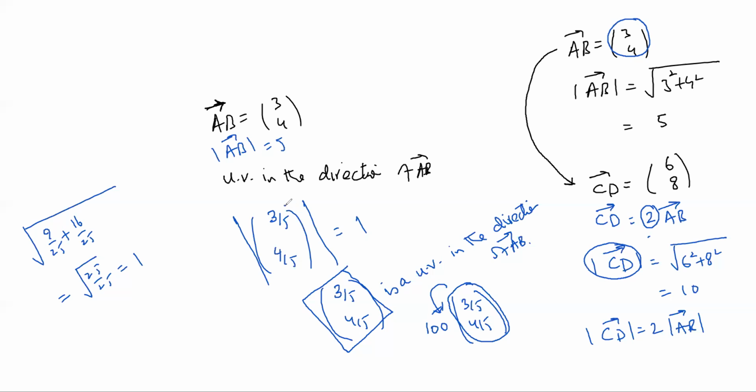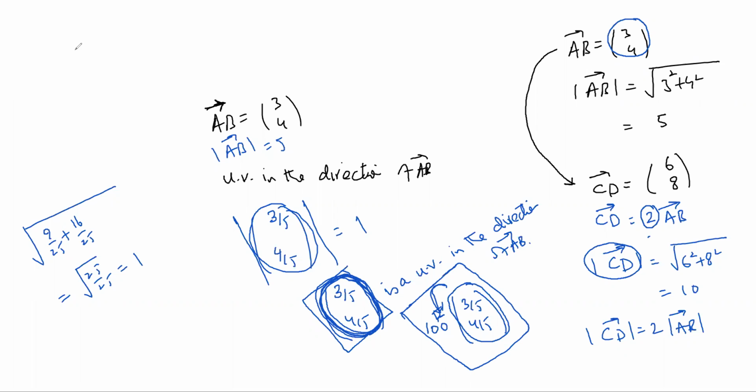Now, this vector over here has a magnitude, what is the magnitude? 1. So if you multiply this by 100, the resulting vector will have a magnitude of 100. That is why we're doing this.